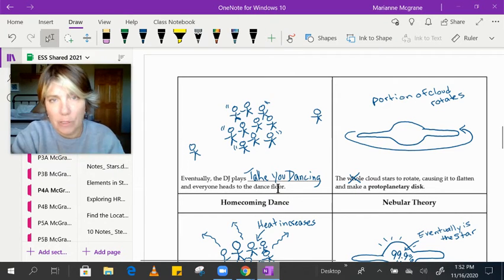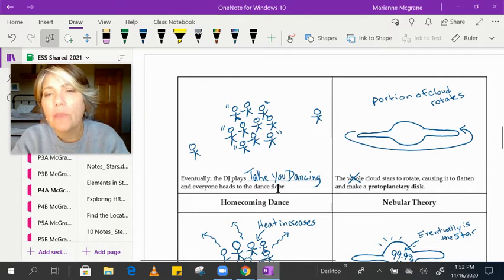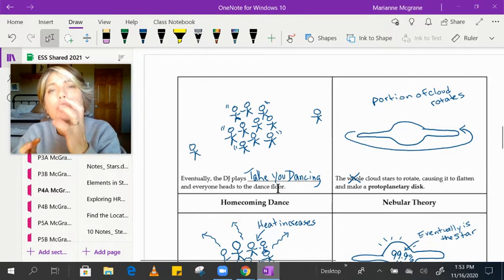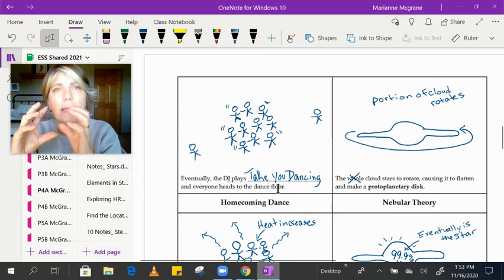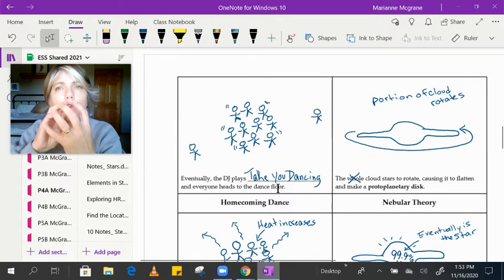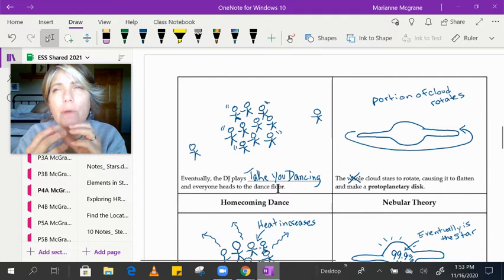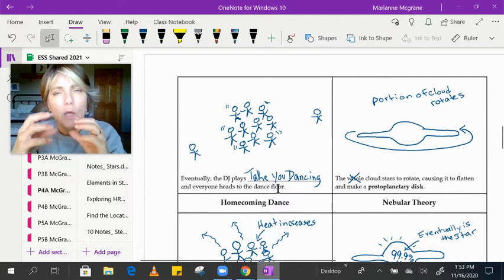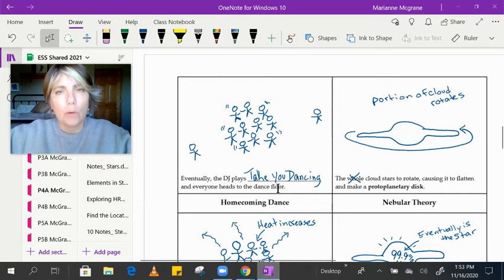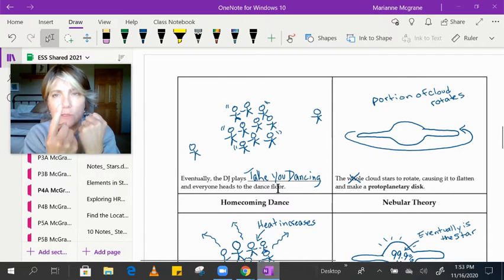On the nebular theory side of it, not the whole cloud, but a portion of the cloud that has gathered enough mass starts slowly rotating. And if you've ever seen a figure skater when they are spinning and they've got their arms out and then they pull their arms in, they start spinning faster.